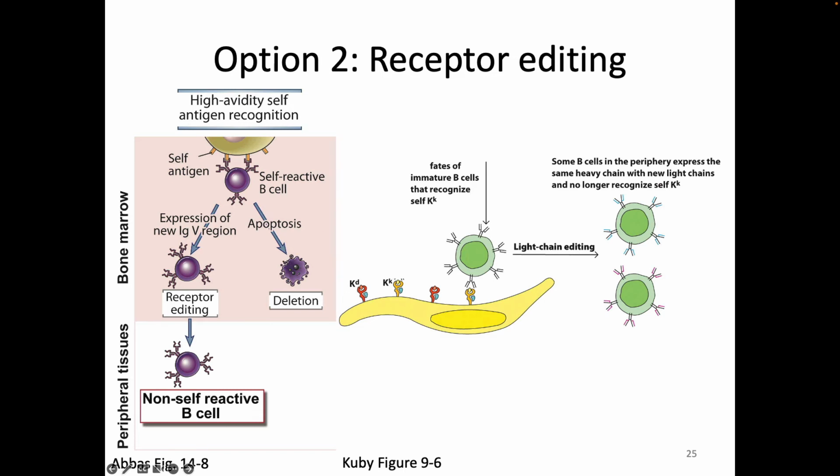It's allowed to leave but is off mostly. The idea is it leaves the bone marrow because it was weakly self-reactive, but is in this state of being off for all intents and purposes unless craziness happens. And so you can imagine that cell as being off.